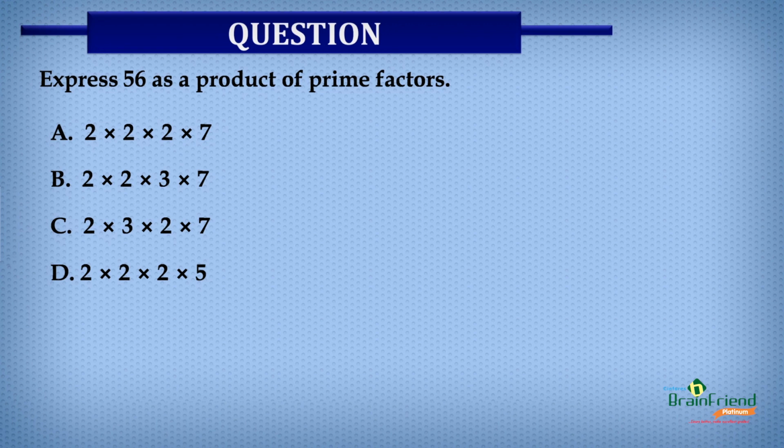Option B, 2 multiplied by 2 multiplied by 3 multiplied by 7. Option C, 2 multiplied by 3 multiplied by 2 multiplied by 7. And lastly, option D, 2 multiplied by 2 multiplied by 2 multiplied by 5. The correct answer to this question is option A.